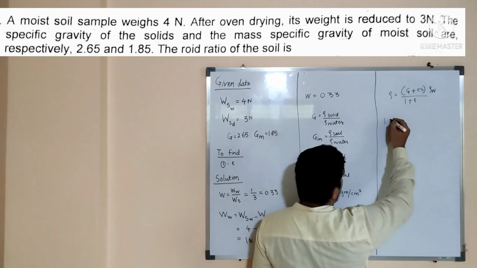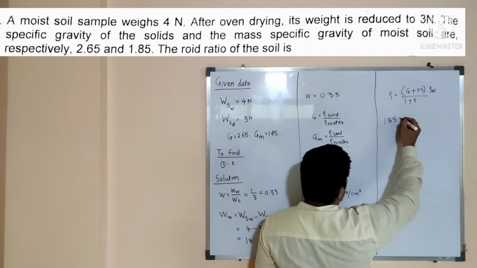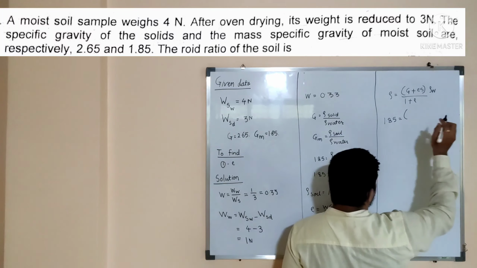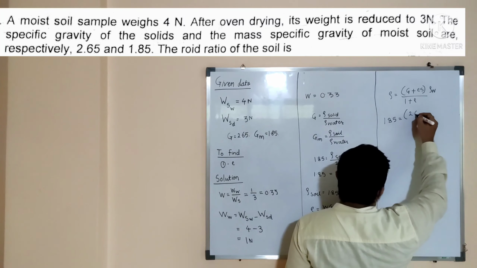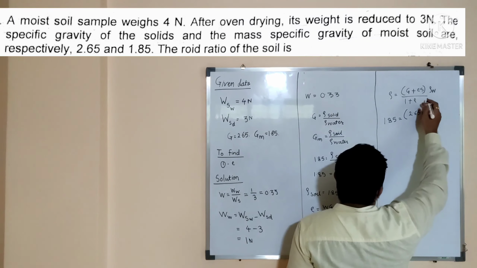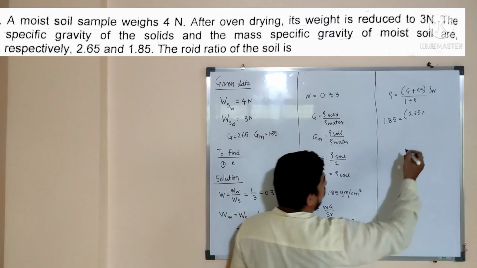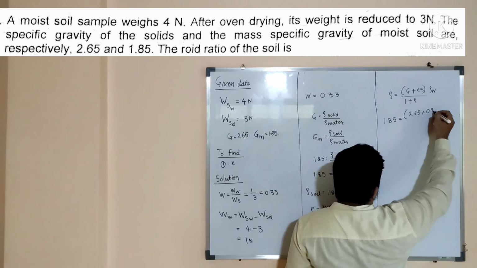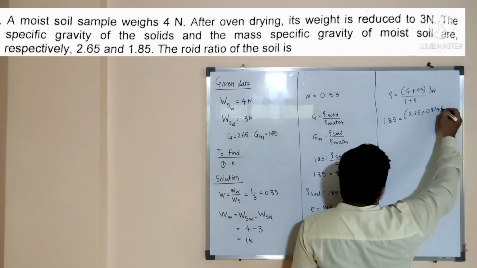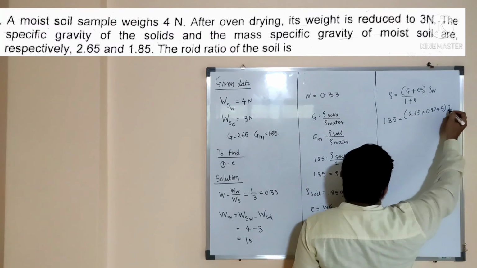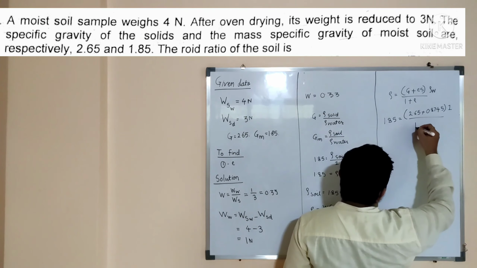So 1.85 is equal to, the specific gravity of solids is given, that is 2.65, instead of this eS, I can write down 0.8745, rho w is 1, plus e.